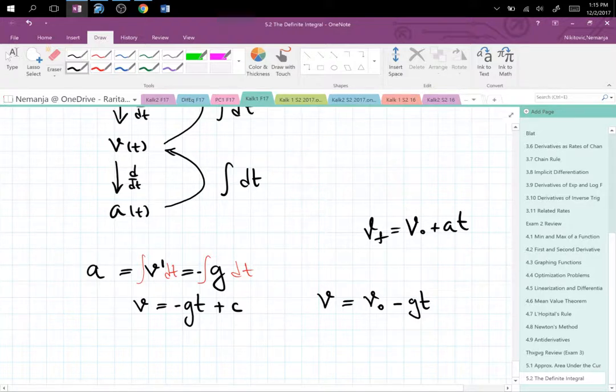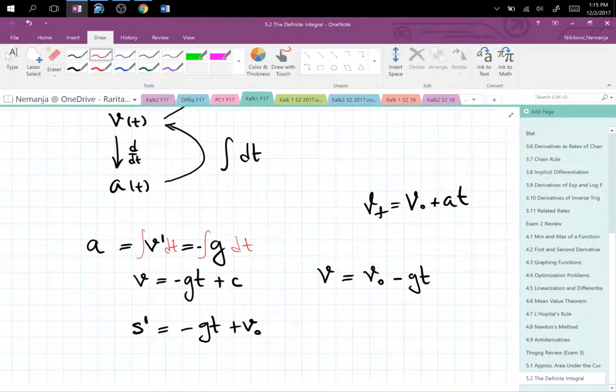And then you realize that the velocity is the derivative of the position, and you have your negative gt plus v0, and you integrate both sides with respect to time.